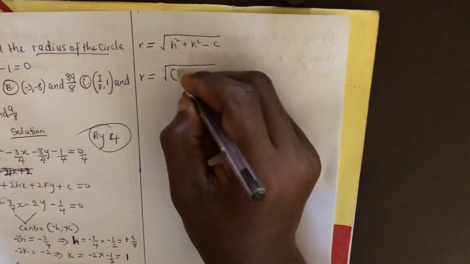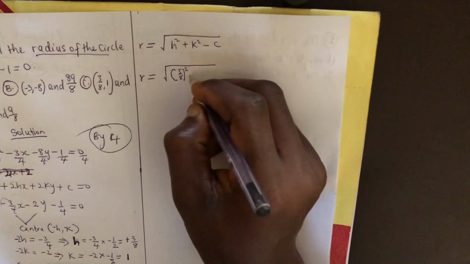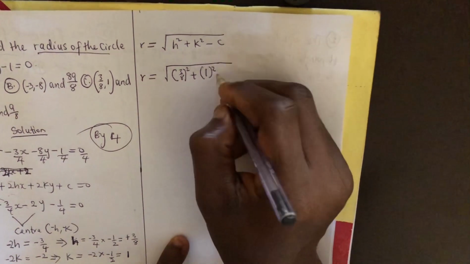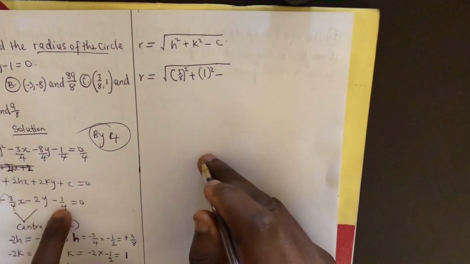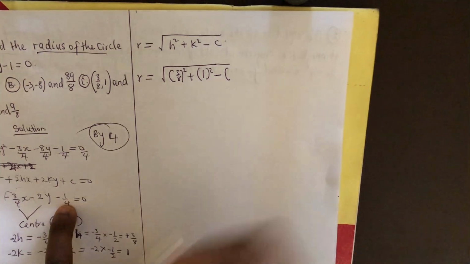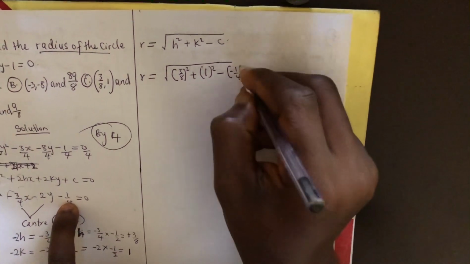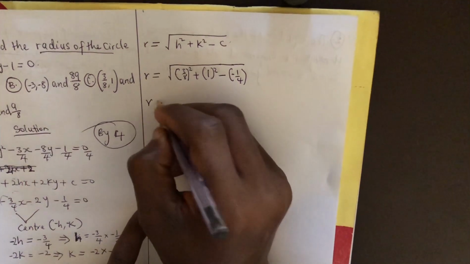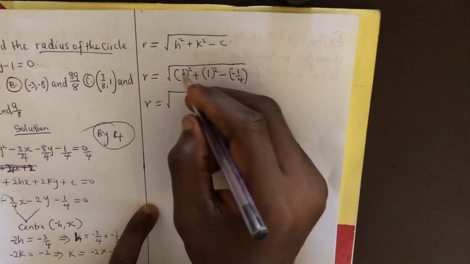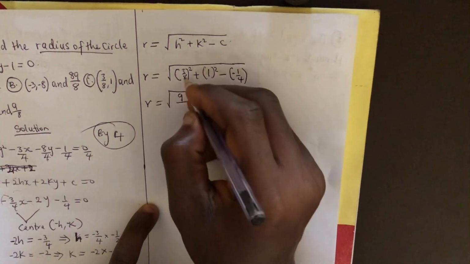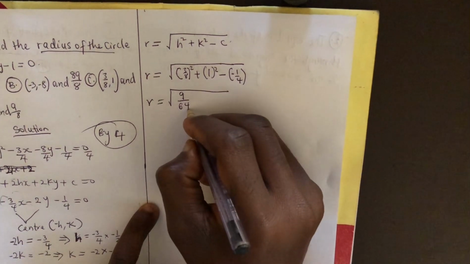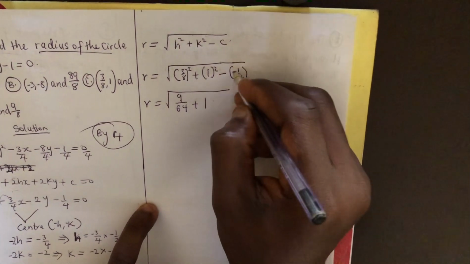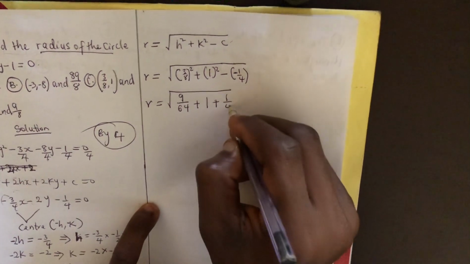So this is 3 over 8 squared plus 1 squared, minus, what was our c? Our c was minus 1 over 4, right? So r is equal to the square root of 3 squared is 9, 8 squared is 64, plus 1 squared is 1. Then minus times minus will give us plus 1 over 4.